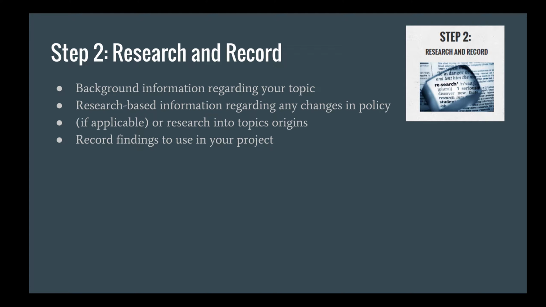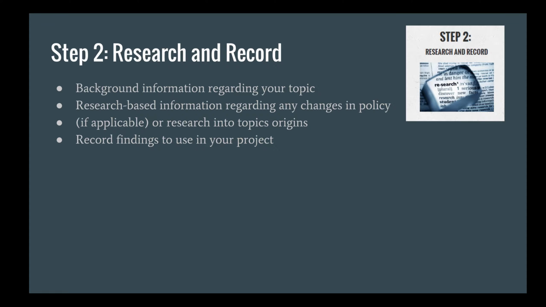Step 2 is research and record. This is where they use their research skills to educate themselves with background information on their topic. The focus is on research-based skills, finding information from articles, periodicals, not just entertainment websites.